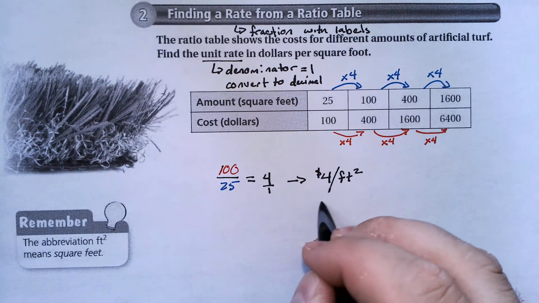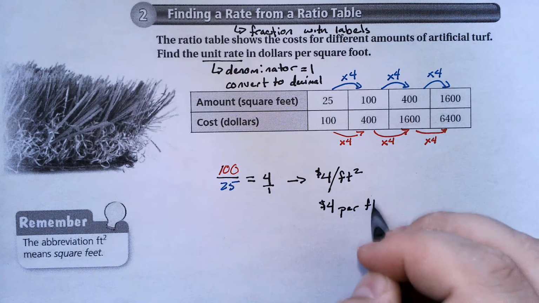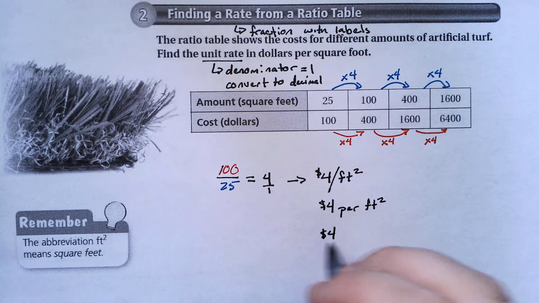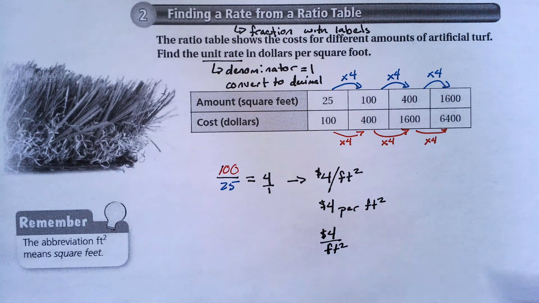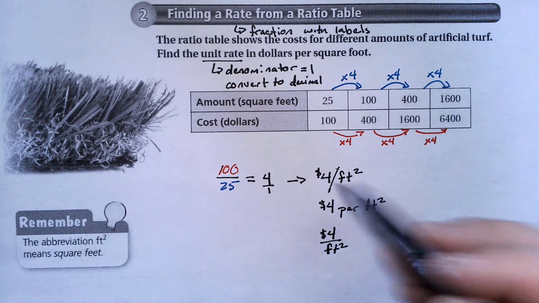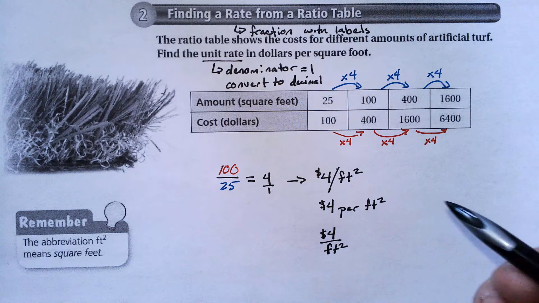Now, I could also write it as $4 and actually write out per feet squared or square foot. I could write it as $4 over a square foot. And those are the three main ways. I usually write it with a big slash because it just reminds me per $4 per square foot.